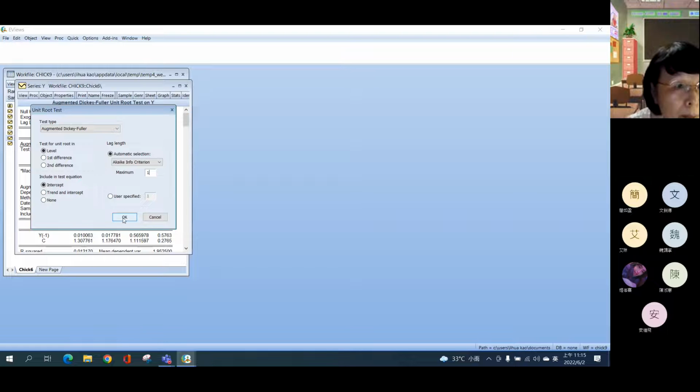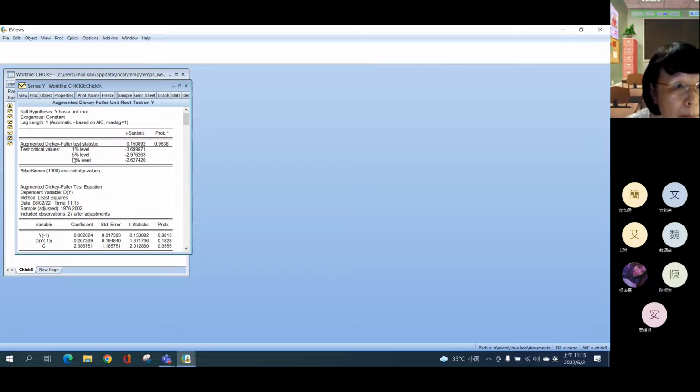So I look at the 5% critical value. It turned out to be negative 2.976263, which is different from the one with no lags. The difference between these two critical values is because of the sample size.